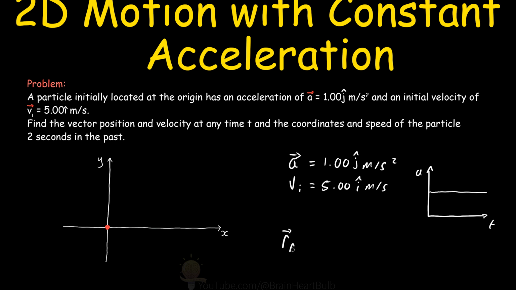The final position of the particle in the x and y plane is equal to its initial position plus its initial velocity multiplied by time plus half the acceleration, both along the x and y plane, multiplied by time squared.